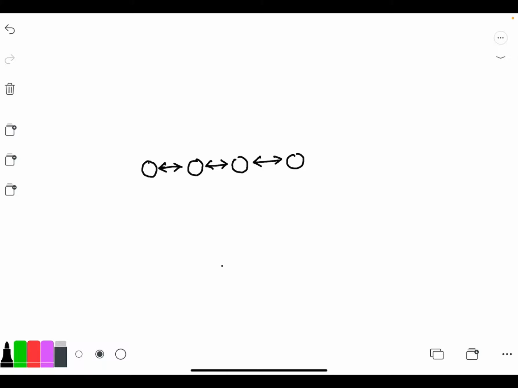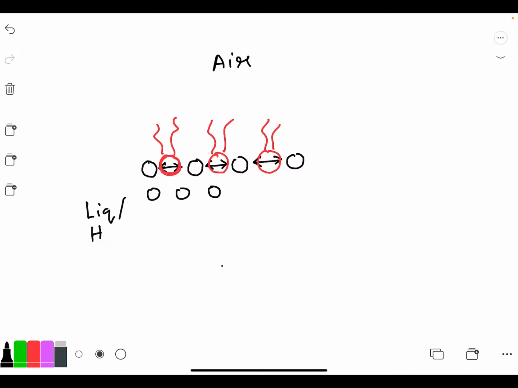What a surfactant molecule will do is it will appear in this space. Suppose this liquid is water, so the water molecules will be filled here also. This part is air and this part is liquid or water basically.